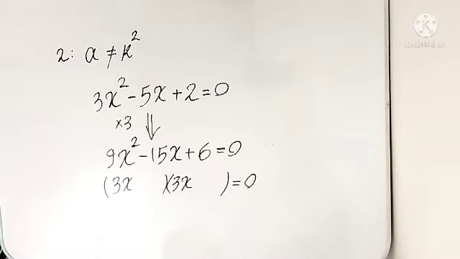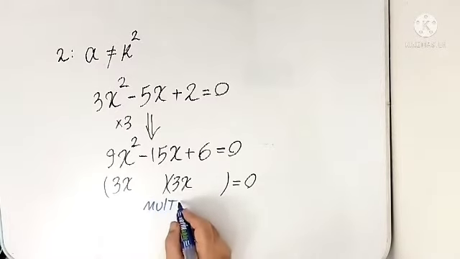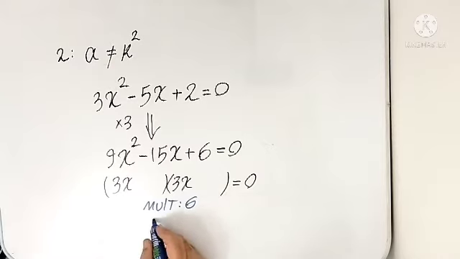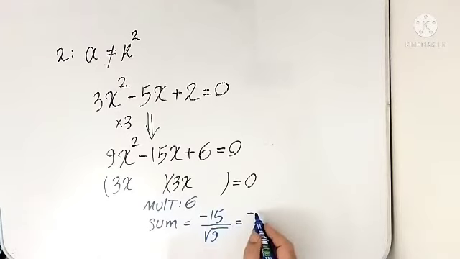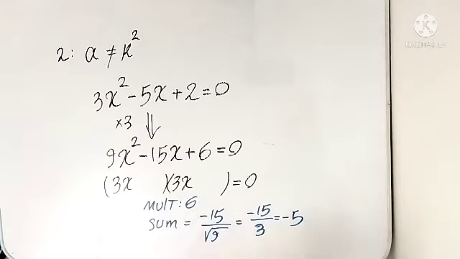Now we must find two numbers that multiply to 6 and sum to minus 5. Two numbers that multiply to 6 and sum to minus 5 are minus 2 and minus 3.